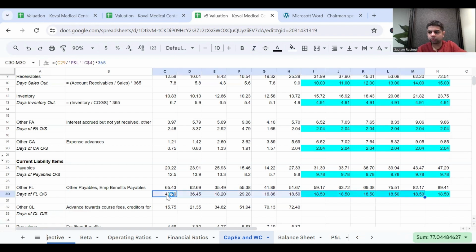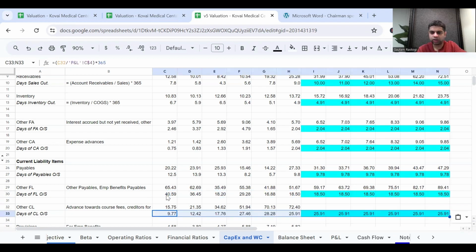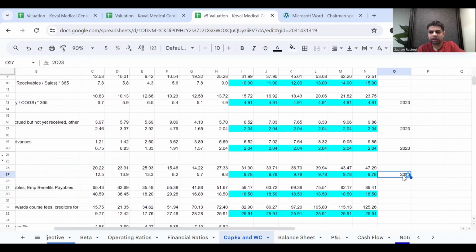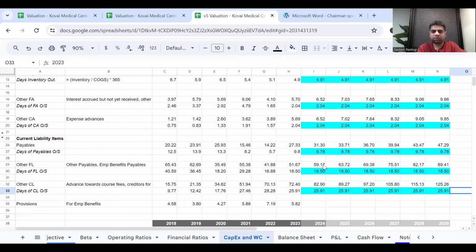I can just paste it because I've locked the formulas, so it should work. The same thing we did for the other line items above, and in all of these I've pulled the number from above.